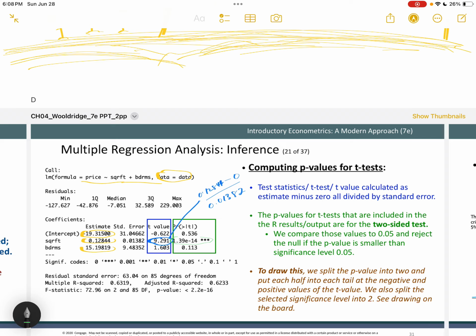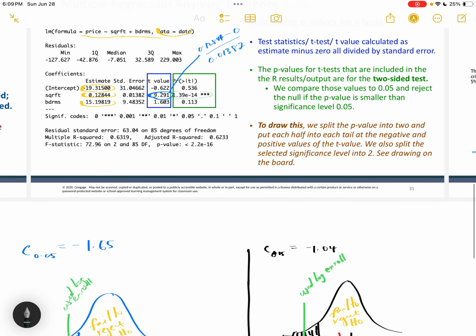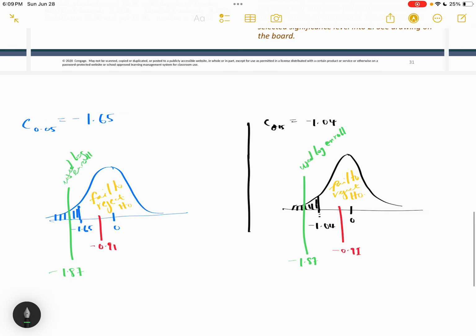So that's 0.000000000. You get the point, right? Okay, good. That p-value is really small. Which tells you what? Which tells you you will reject the null hypothesis that there is no effect of square feet on price here. You will reject the null.